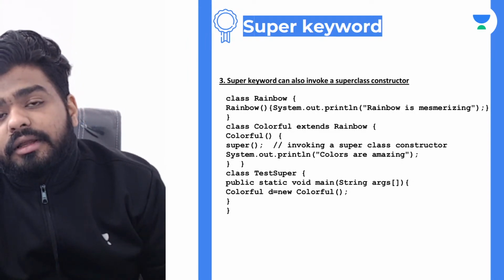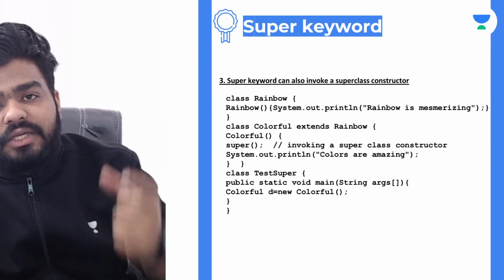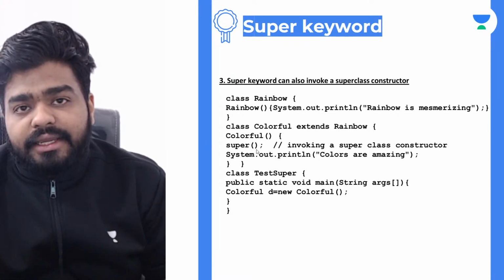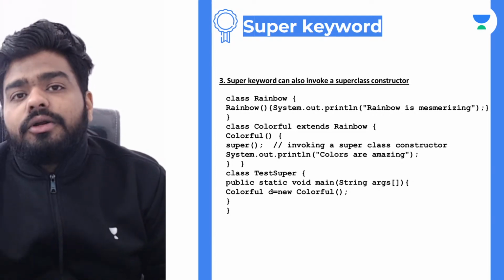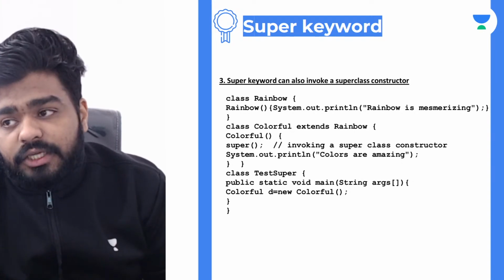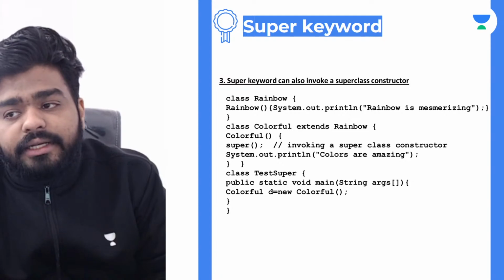So do you remember, can you recall any particular keyword which we use in the same manner? How we have written super and then the bracket and then the semicolon. Do you recall any other keyword? How do we use this? Any other particular keyword? You must be remembering about it because I have taught you that.